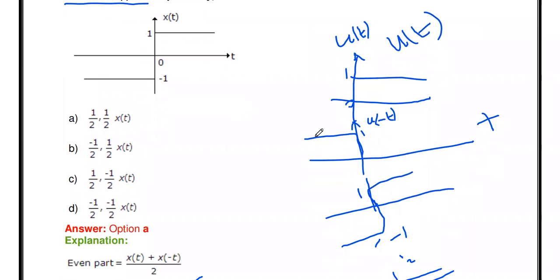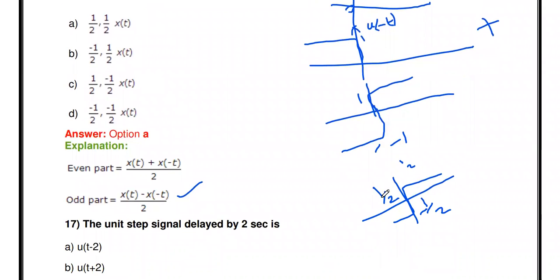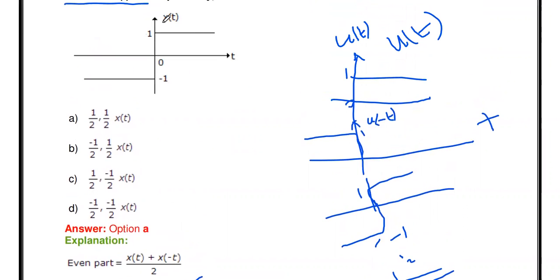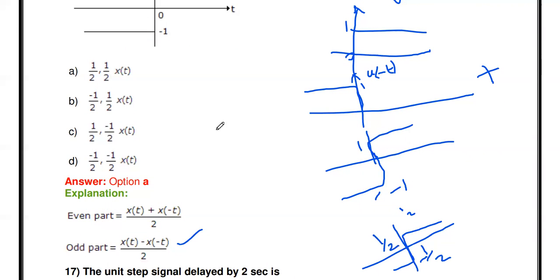That's why the odd component is nothing but half of x of t. So where is the answer? The answer is option A. The even component is constantly 1 by 2, and the odd component is the signum function, but with amplitude reduced to half. So 1 by 2 x of t. This is the answer.